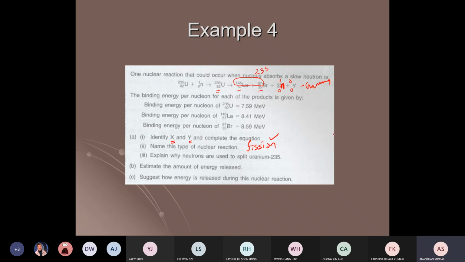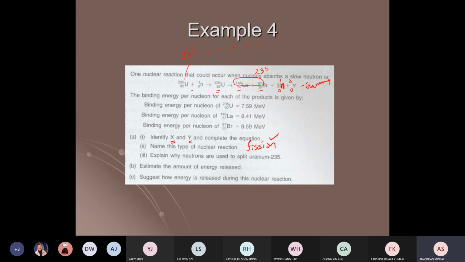How are you going to get energy? This is something new you're going to learn. You see here, they never give the individual mass of the particle. If they gave the individual mass of the particle, like uranium, in this case they put 235, with 6 decimal places, then we could find the mass defect, the mass difference, and use mc squared to calculate the energy.